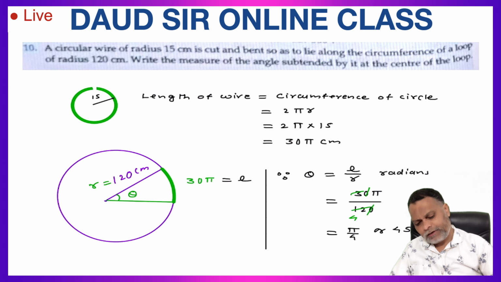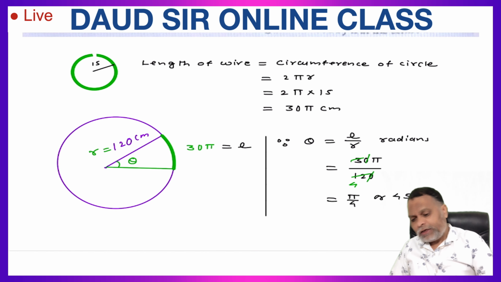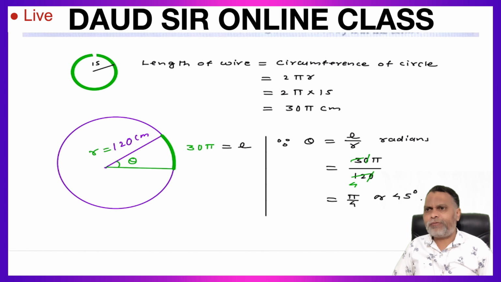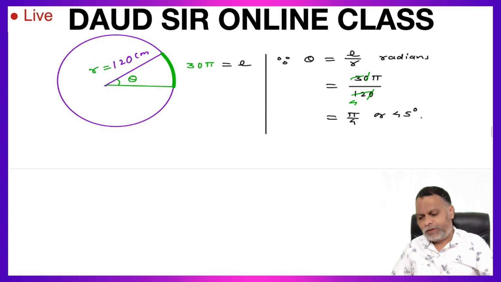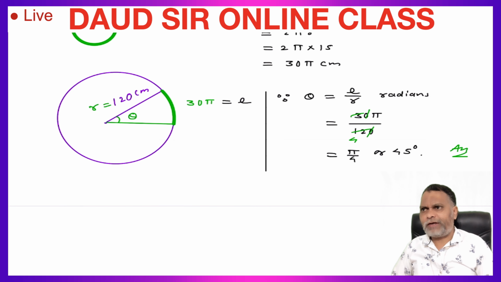This is a common angle, so directly we can write 45 degree. So this wire will make an angle at the center of this loop of 45 degree or pi by 4 radian. This is the answer. Pi by 4 or 45 degree.